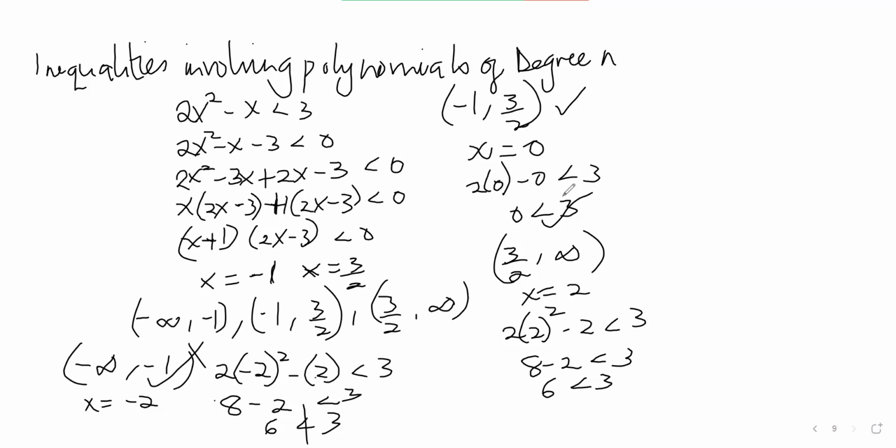Now this was minus 3, so this was supposed to be plus, but it is still not less than 3, as 10 is not less than 3. So 6 is not less than 3.